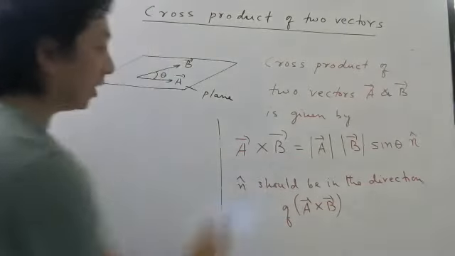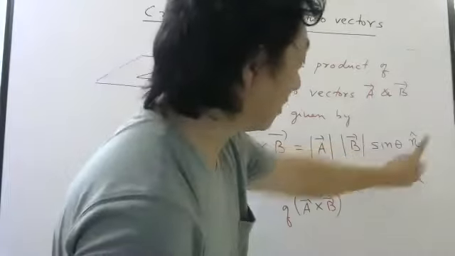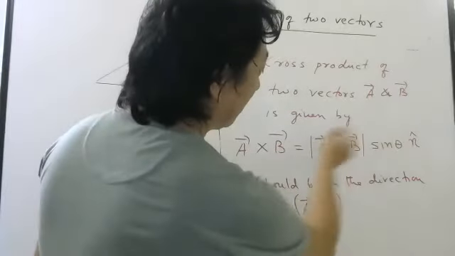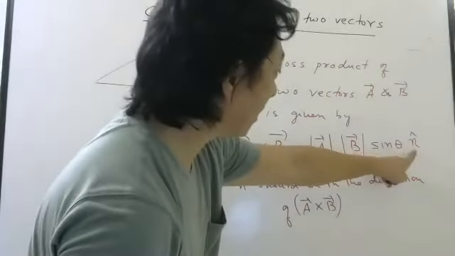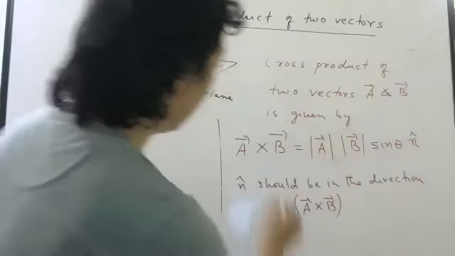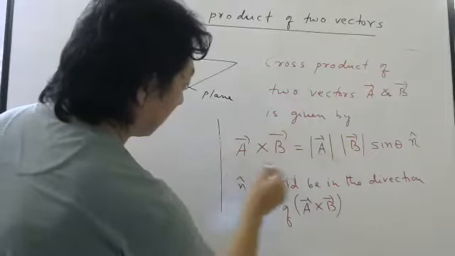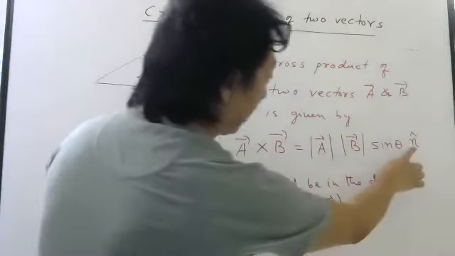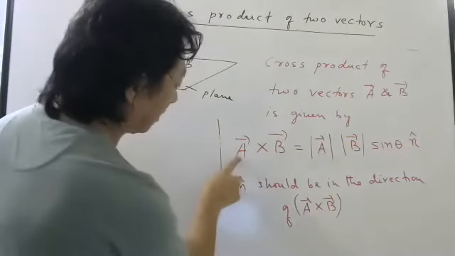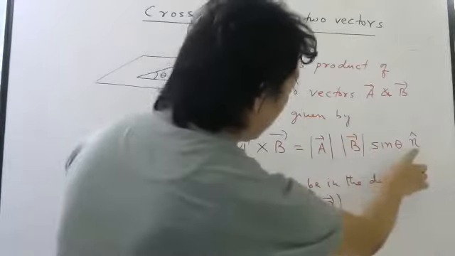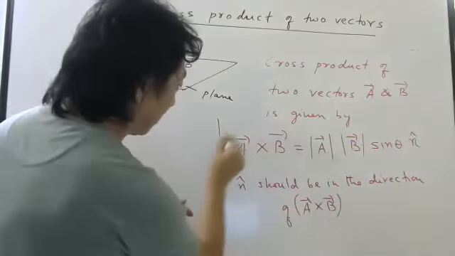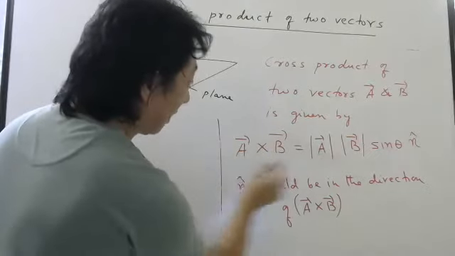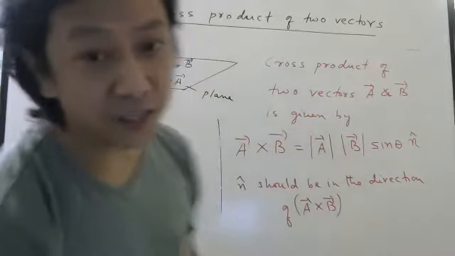So now we have to learn how to find the direction. Magnitude is this only. This is magnitude. But how to find the direction n cap? What is n cap? It is the unit vector in the direction of this vector, remember. I am not saying n cap is a unit vector in this direction; no, this is equal to. So this is the unit vector in the direction of this vector. And how to find that, we have to study.